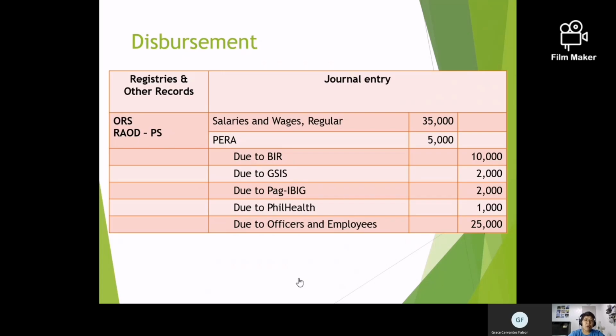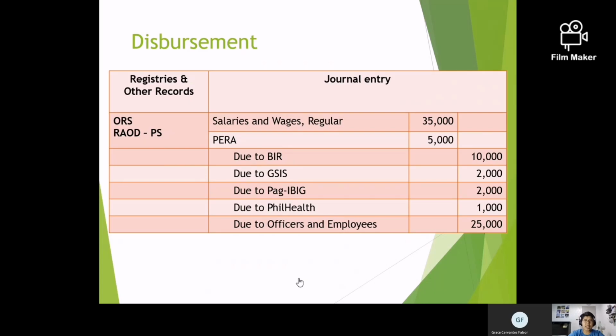Do not create your own account title. So, salaries and wages regular, 35,000. Pera, 5,000. Credit due to BIR, 10. Due to GSIS, 2. Due to Pag-ibig, 2. Due to PhilHealth, 1. Due to officers and employees, 25.